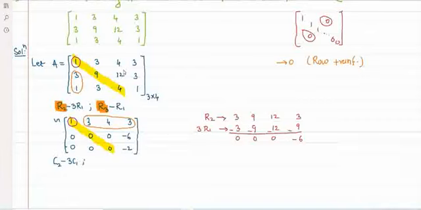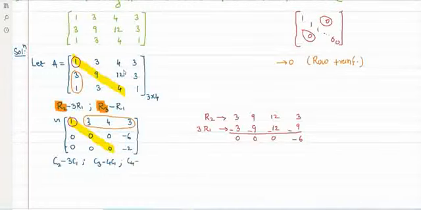Similarly, next transformation, suppose you want to reduce this element to 0, that is corresponding to the third column. Yes, C3 minus 4C1. Correct. Now corresponding to this, C4 minus 3C1.